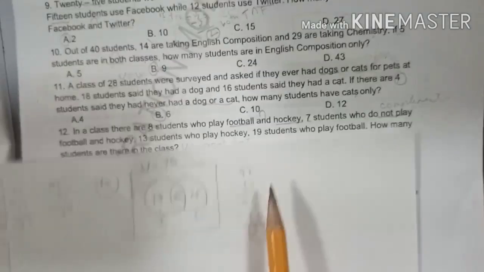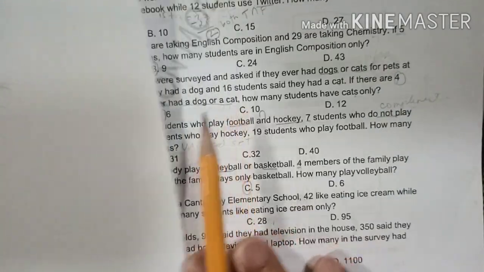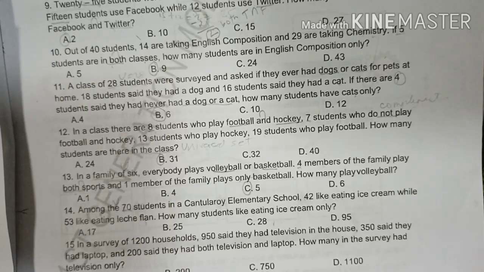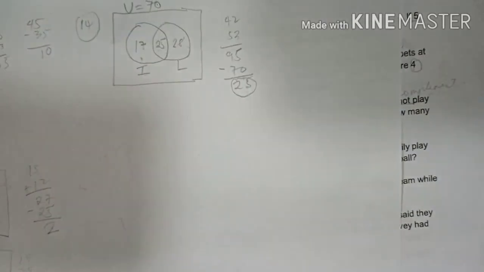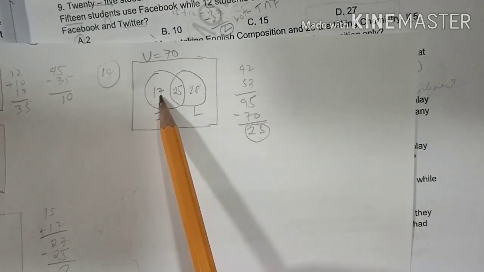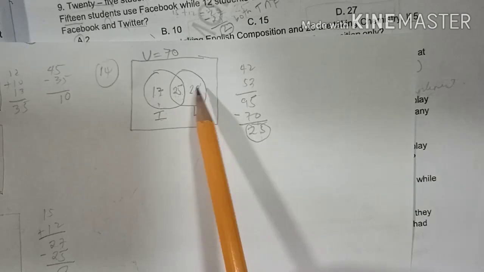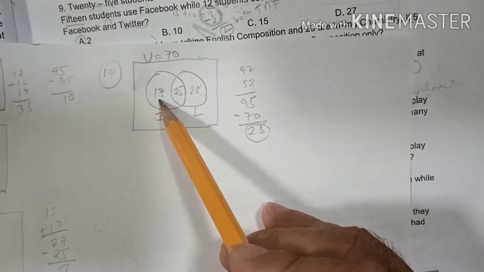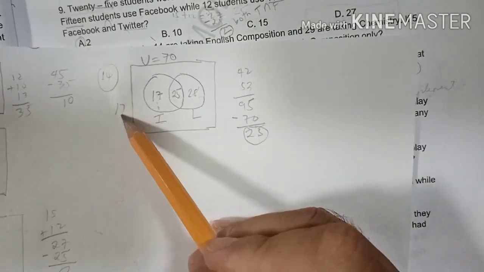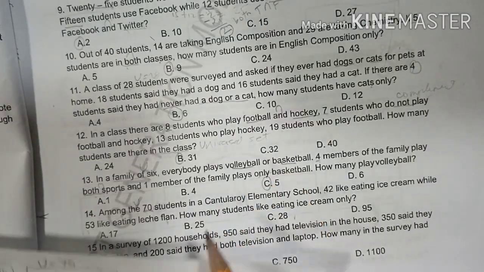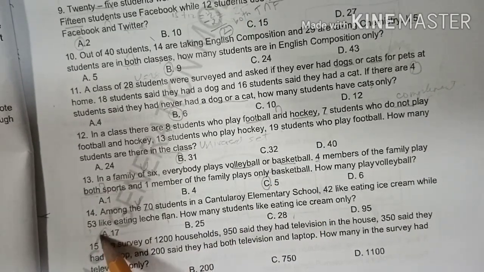Now, question number 14. How many students like eating ice cream only? Okay, ice cream only. So, this is ice cream only, lychee plant only. So, the answer is ice cream only. This 17 is the answer. And that is letter A.